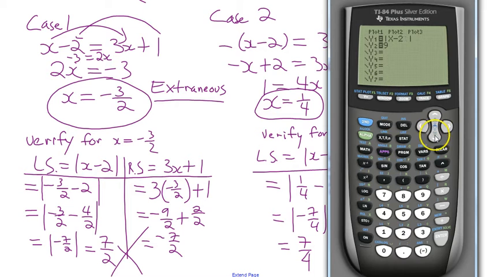And then in the next, I'm going to clear this, and we've got 3x plus 1. And we hit graph. So there's x minus 2, there's 3x plus 1. There's the one solution, right? Which we will agree without verifying it. We will agree that's 1/4 for the next value, right?